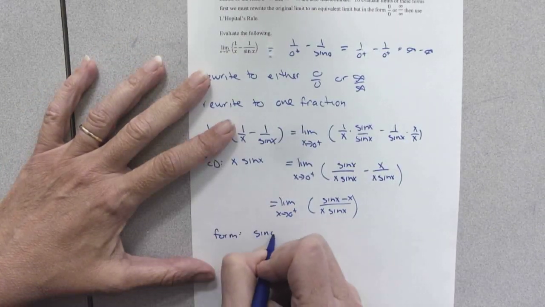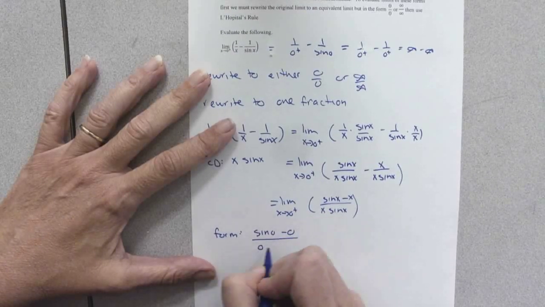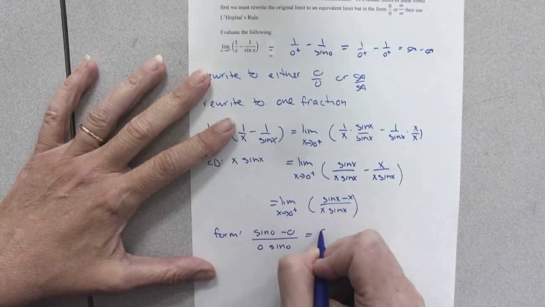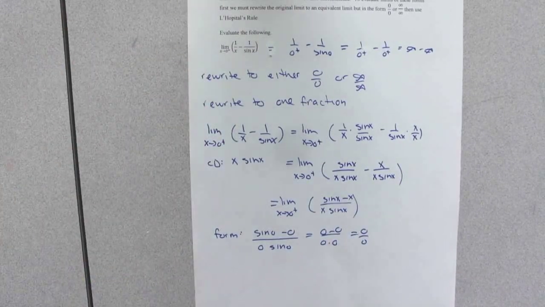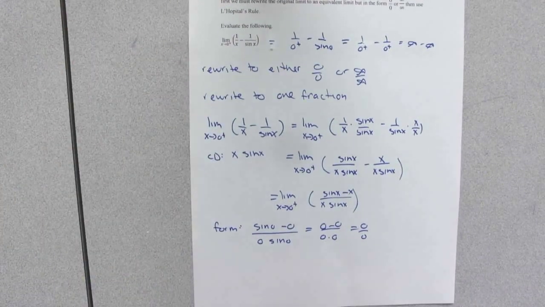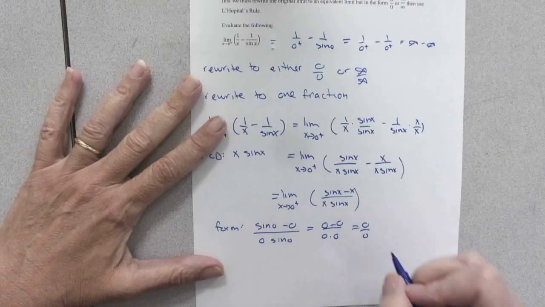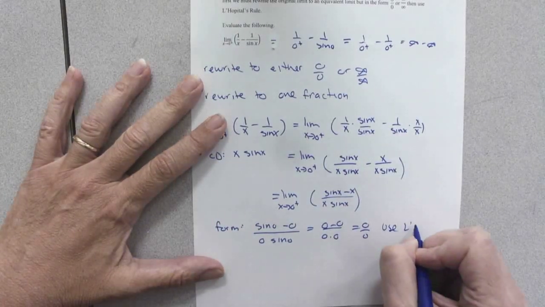So that's going to be sine of 0 minus 0 over 0 sine 0. That's 0 minus 0 over 0 times 0, 0 over 0. I can now use L'Hopital's. So doing some algebra I was able to change the original form into an L'Hopital form. Use LH.